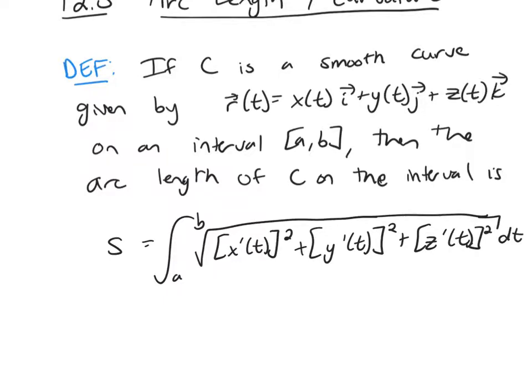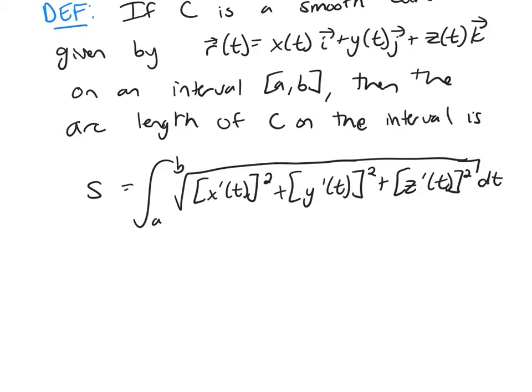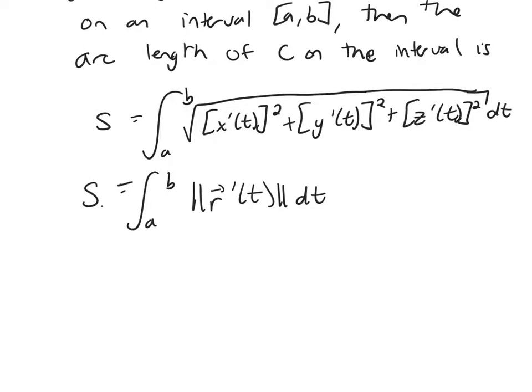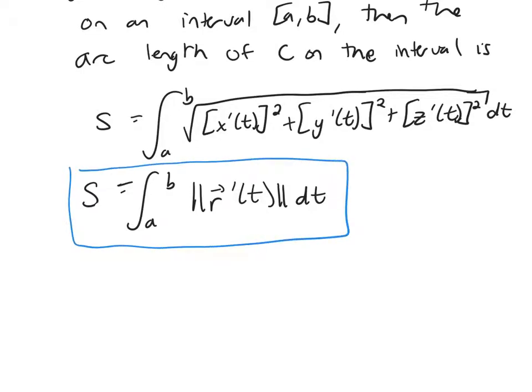And if you look, this kind of reminds you of a magnitude because there's a square root. So this is the magnitude of the vector r prime. So there's our formula right here for arc length. I'll box it in so that we have it saved. So there's how we compute arc length.